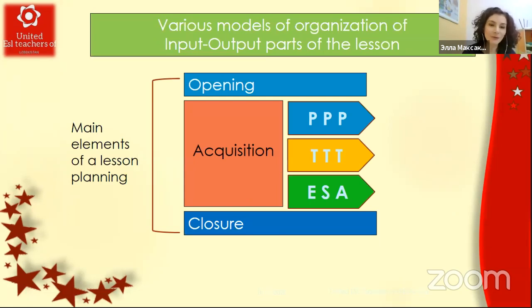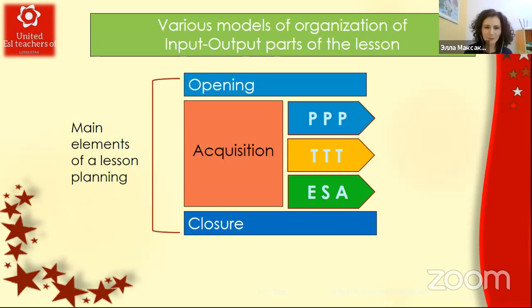As for the structure of the lesson, there are some universal parts, opening and closure, but in the acquisition, the teaching, practice, and producing part, we have some variations. In terms of how we arrange our teaching and instruction, they could be deductive or inductive, and when we offer our students an opportunity to produce, there will be some variation that we are going to talk about.